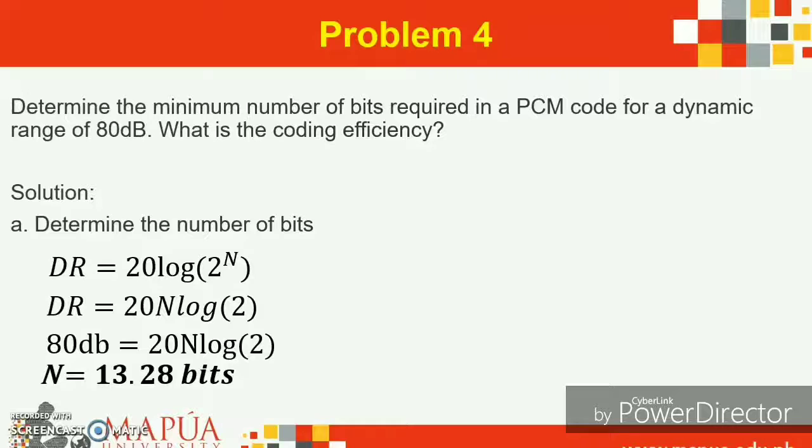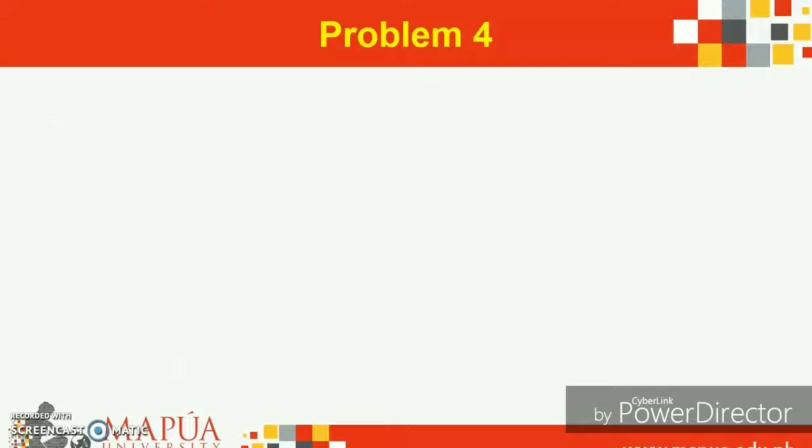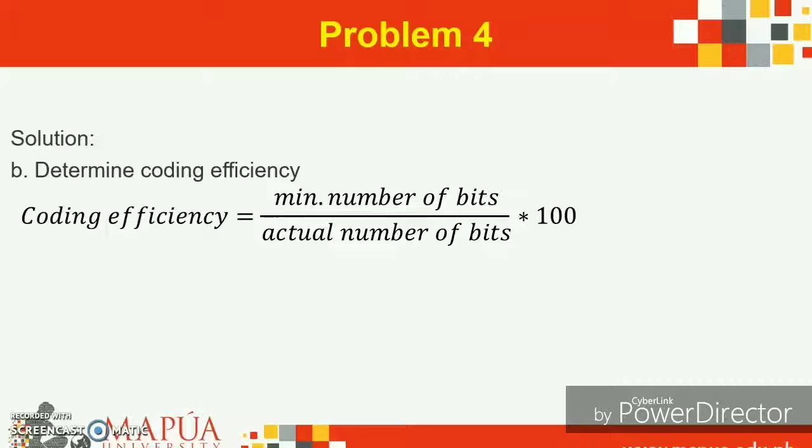Next, we determine the coding efficiency. So the coding efficiency is given by the formula minimum number of bits over actual number of bits. So the minimum number of bits is what we solved in the first part of this problem. And the actual number of bits is the actual number of bits that we're going to use in the PCM code.